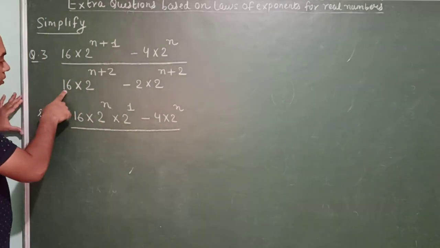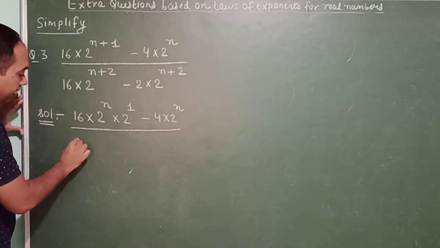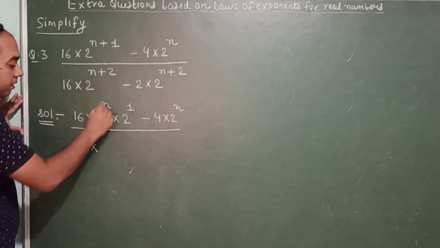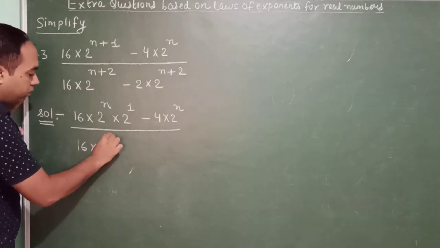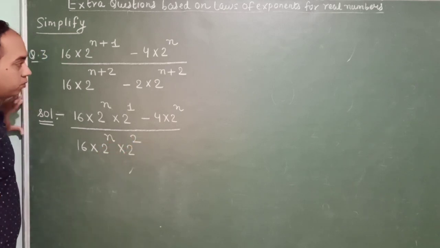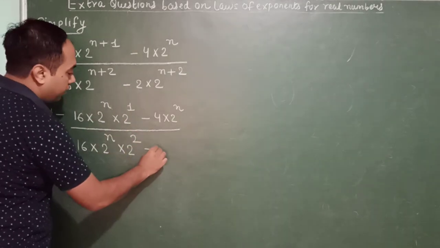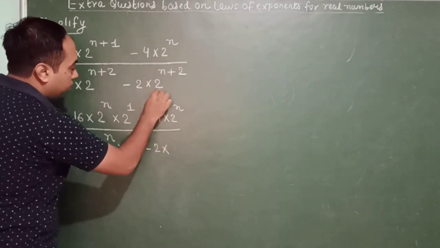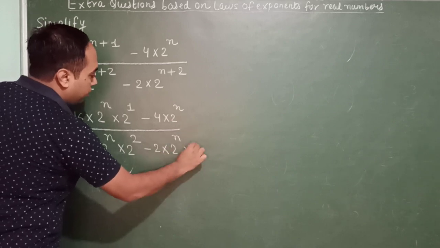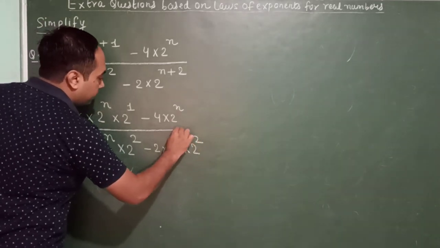Now in the denominator I will copy 16 as it is into, then I'll break this 2 raised to the power n plus 2 in this manner. 2 raised to the power n into 2 raised to the power 2 minus 2 into 2 raised to the power n into 2 raised to the power 2.